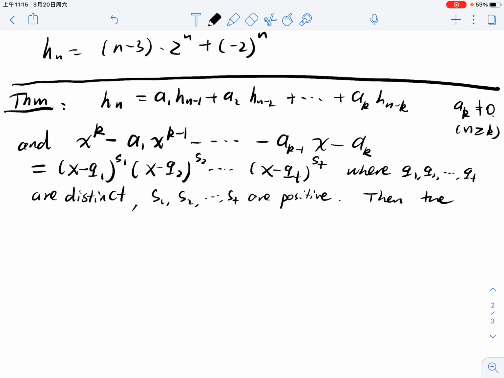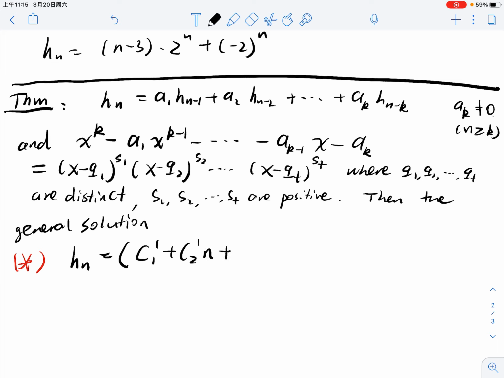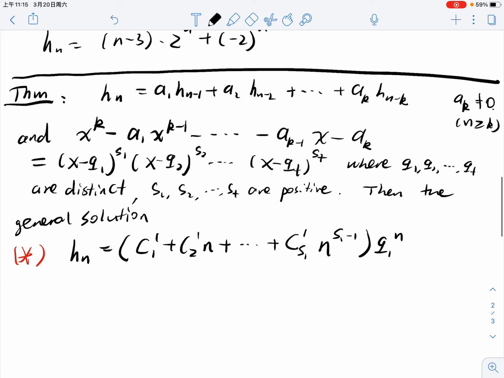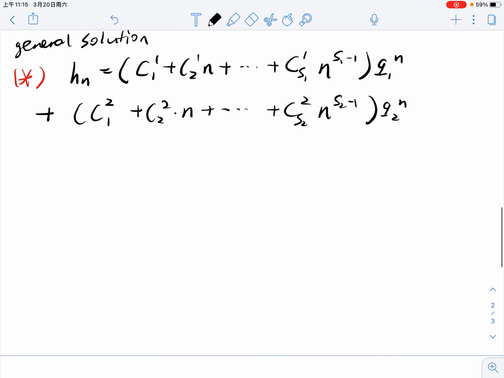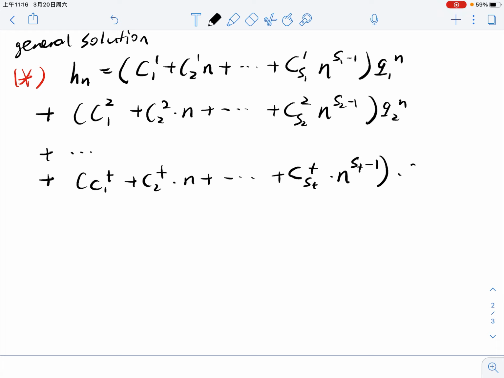Then the general solution can be given by (C11 plus C21 times n plus all the way to C(s1)1 times n to the s1 minus 1) times q1 to the n, plus (C12 plus C22 times n plus all the way to C(s2)2 times n to the s2 minus 1) times q2 to the n, and all the way down to (C1t plus C2t times n plus all the way to C(st)t times n to the st minus 1) times qt to the nth power.